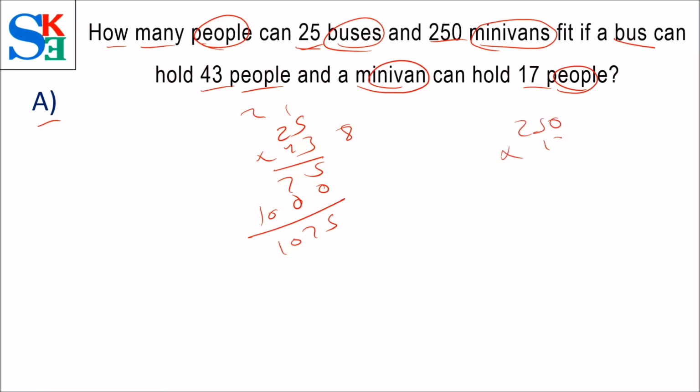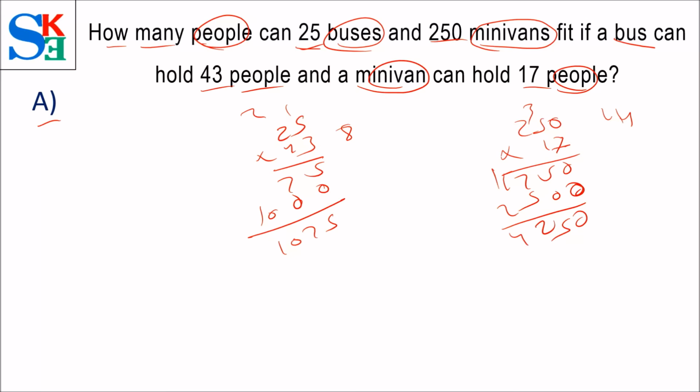One minivan can hold 17 people. Multiply that together. Let me just check. So that's correct.